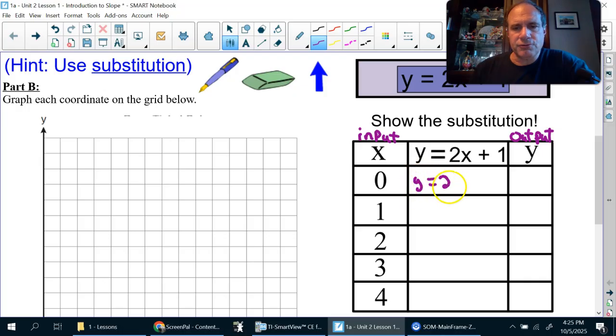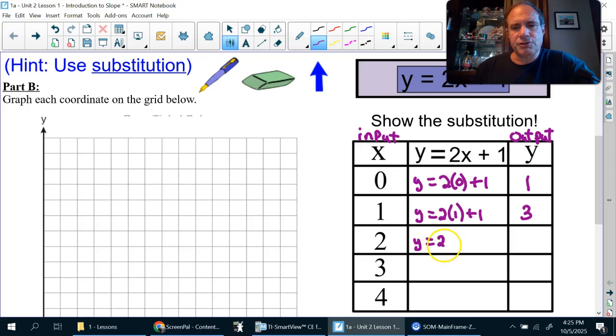So this would be 2 times 0 plus 1, and that would be 1. Then we would have 2 times 1, you're substituting 1 in, plus 1, and that would be 2. 2 times 1 is 2, plus 1 is 3.